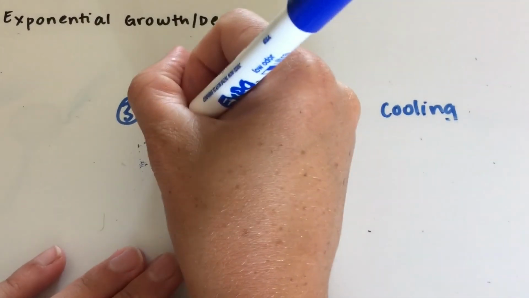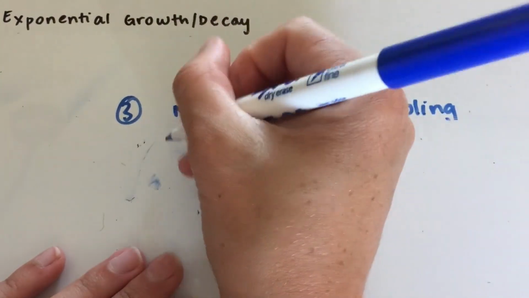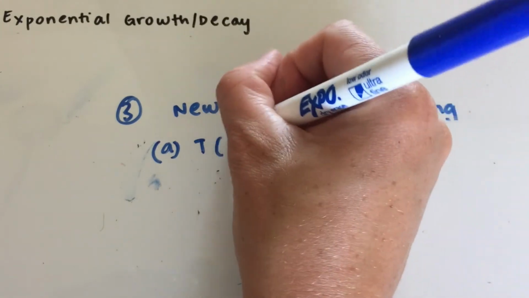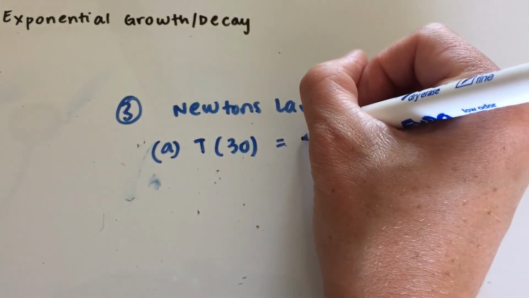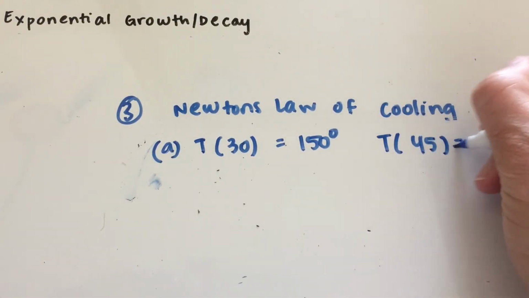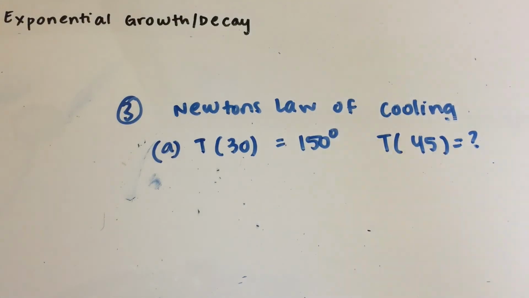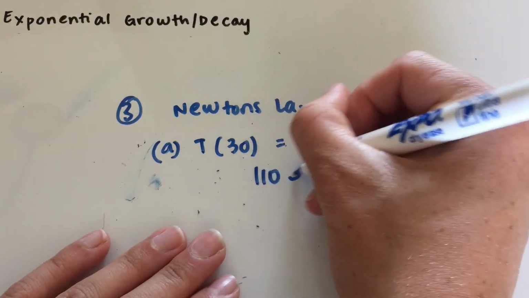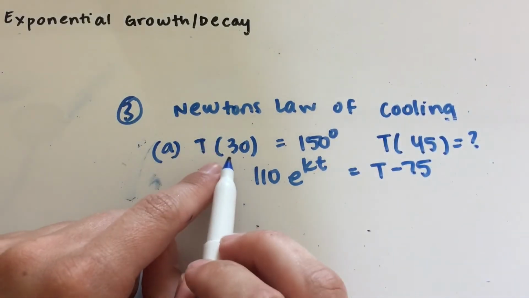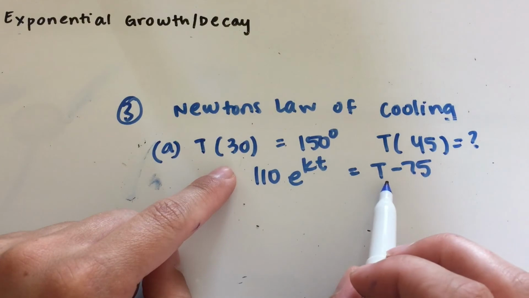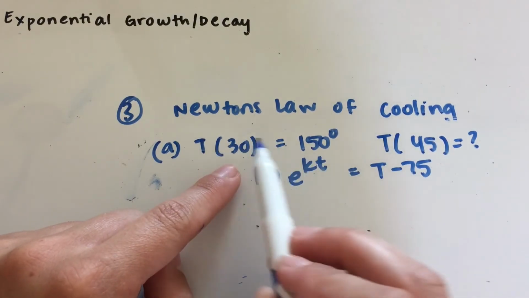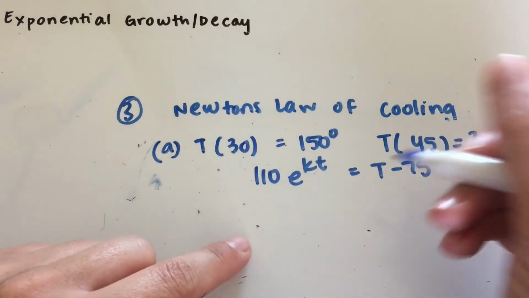So they have after 30 minutes, the temperature is 150 degrees, and they want to find out what is the temperature after 45 minutes. So here, since we had 110 e to the kt equals T minus 75, we can plug in 150 for our capital T, and for our minutes, it's 30 minutes, so we'll plug that in to solve for k.